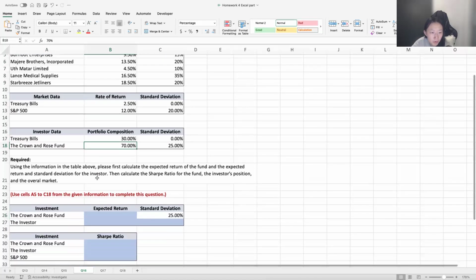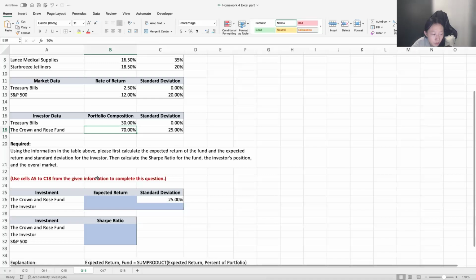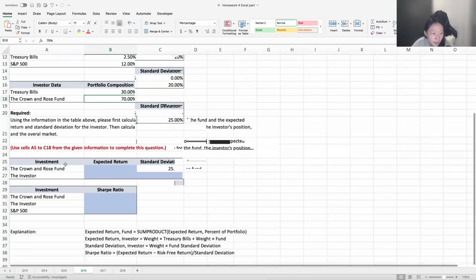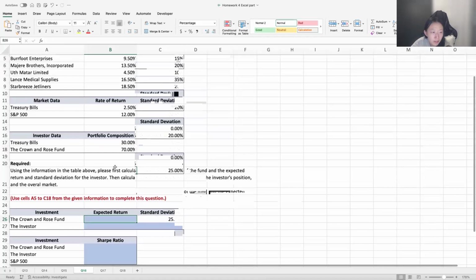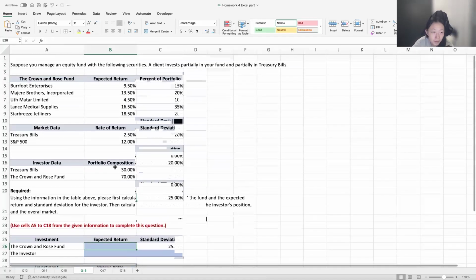All right, so what is the question asking? It's asking us to first calculate the expected return of the fund and the expected return and standard deviation for the investors.